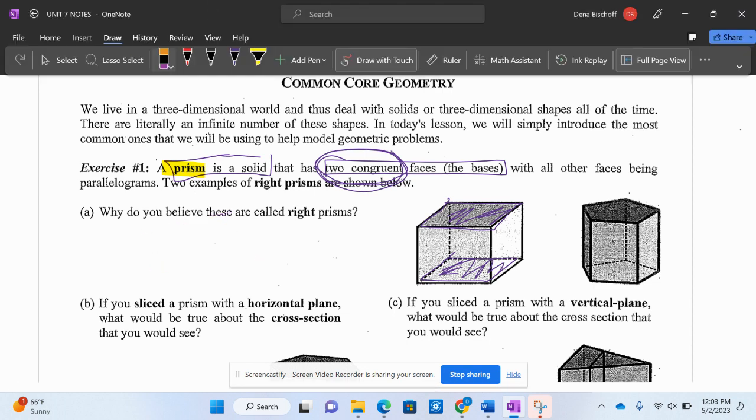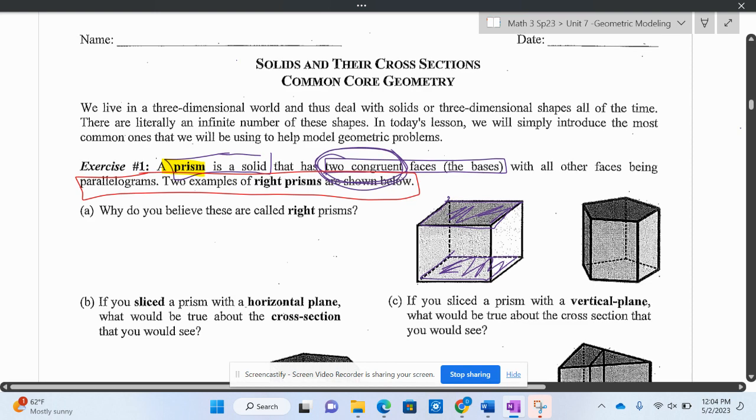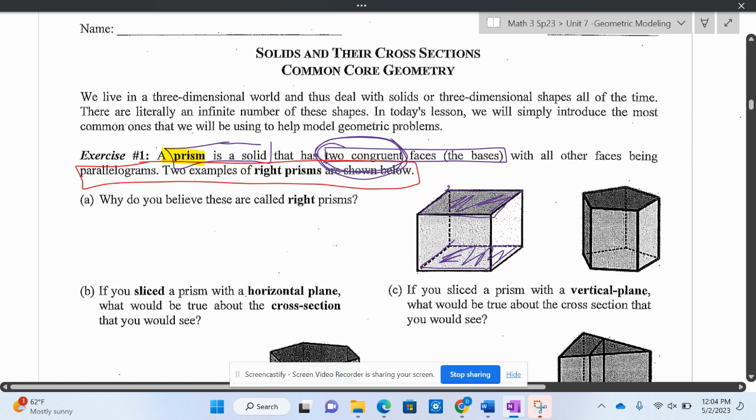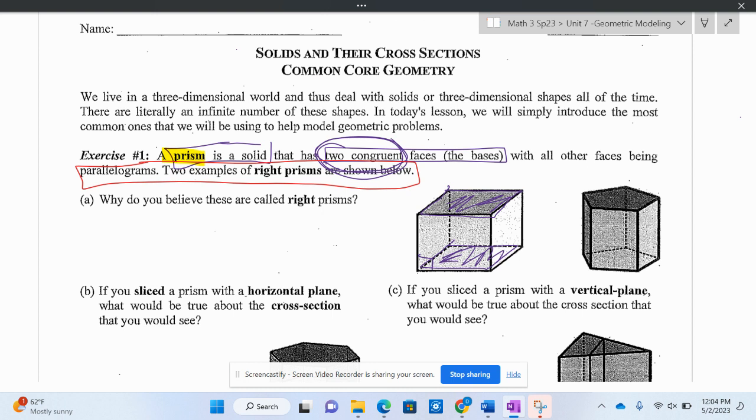So we know that prisms have faces, and those faces are parallelograms. If they're right prisms, they are rectangles, okay? So the first question A says, why do you believe these are called right prisms? Well, we know that a right angle makes a 90 degree.